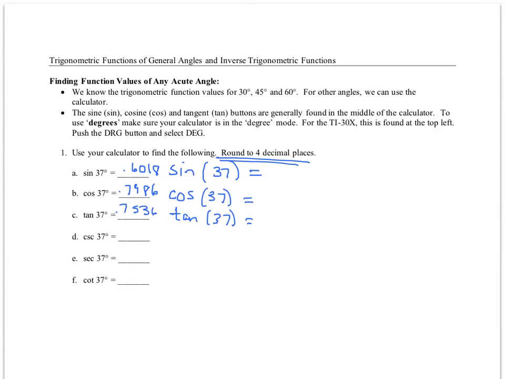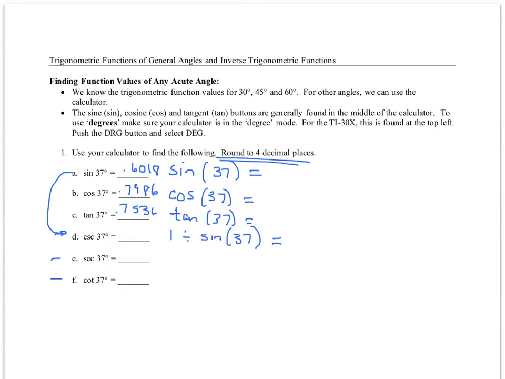Okay, so now D, E, and F, those functions are not on the calculator, but we can get them because the cosecant is the reciprocal of the sine. So what we're going to do is 1 divided by the sine of 37 and end your parens and hit equals.